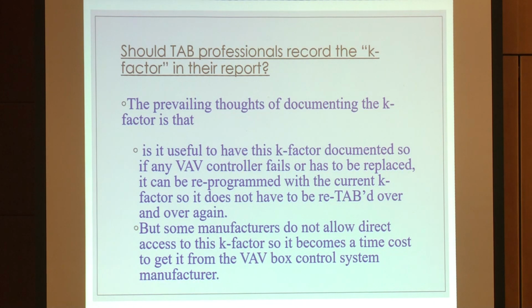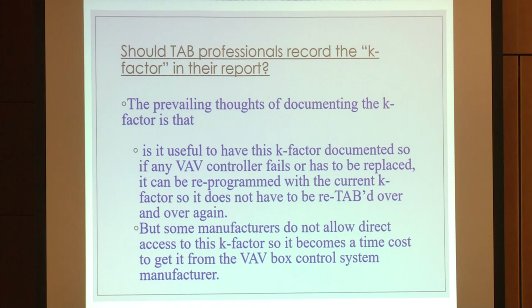So it could be 0.3, 0.6, 0.85, whatever. But if you ever have to change out the controller or change out the box, you can go back and use that K factor in your new box, and so you don't have to go and TAB this box again. So it's very valuable to get that K factor.